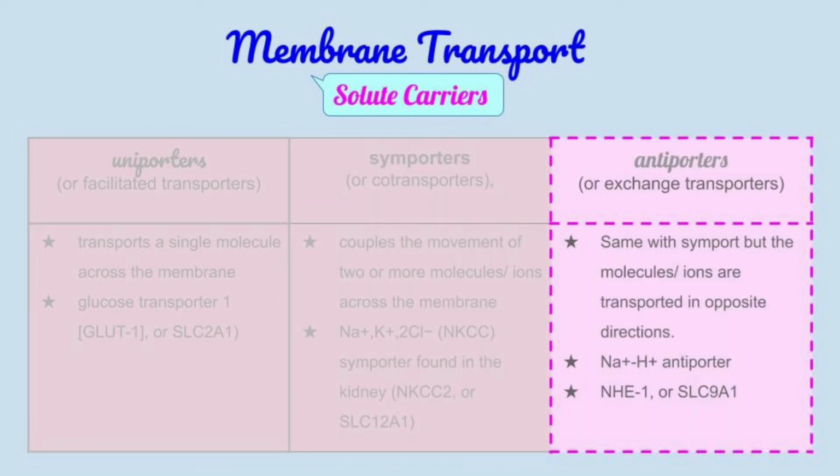The third group, the antiporters or the exchange transporters, also couples the movement of two or more molecules or ions across the membrane. In this case, however, the molecules and ions are transported in the opposite direction. An example of this is the sodium-hydrogen antiporter, or NHE1.